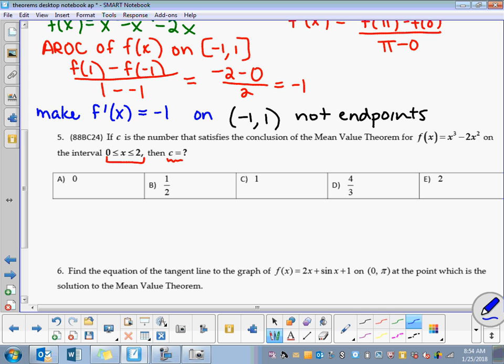Now, when I look at problem number 5, which is from the BC test in 1988, mean value theorem usage means the special magic number can't be at the endpoints because we're looking for a number in the open interval 0 to 2.